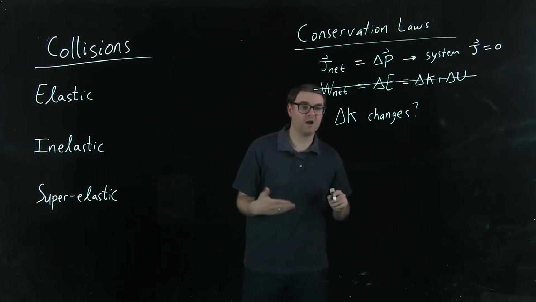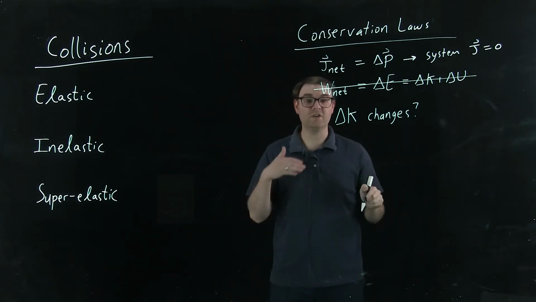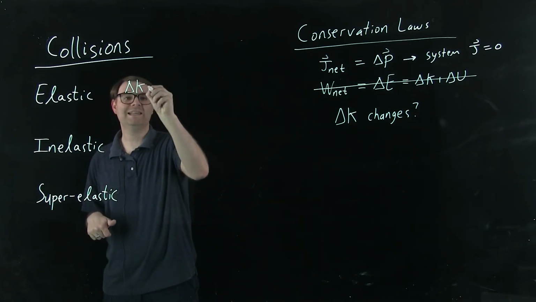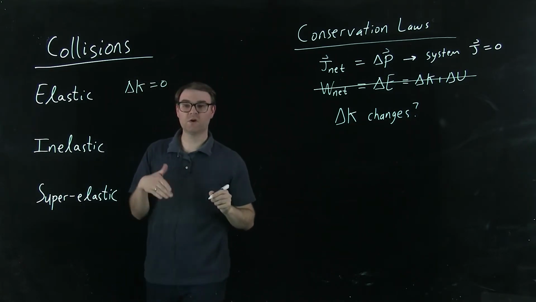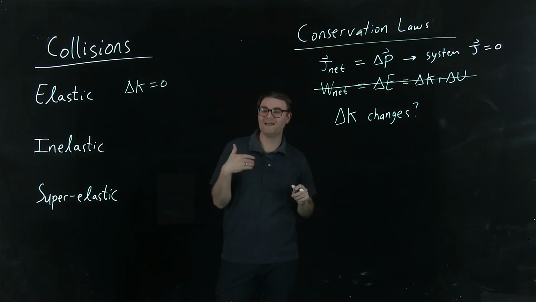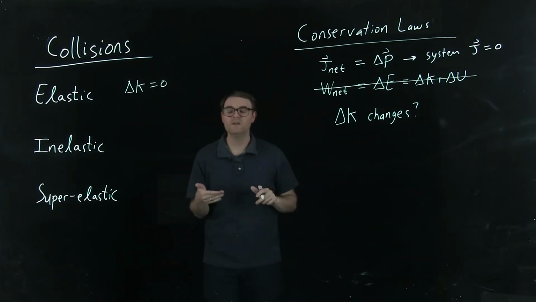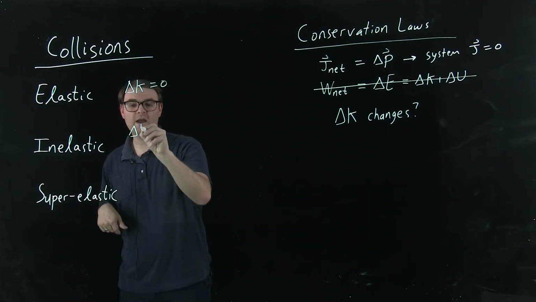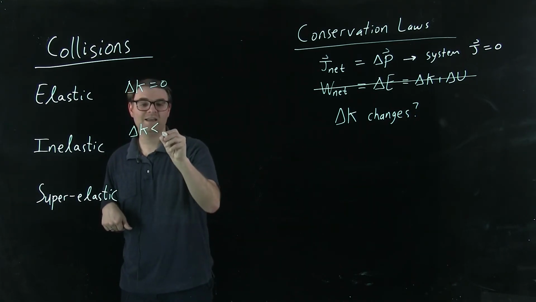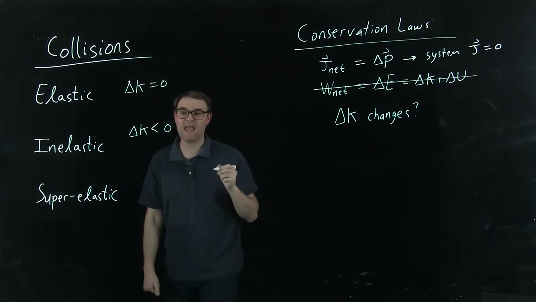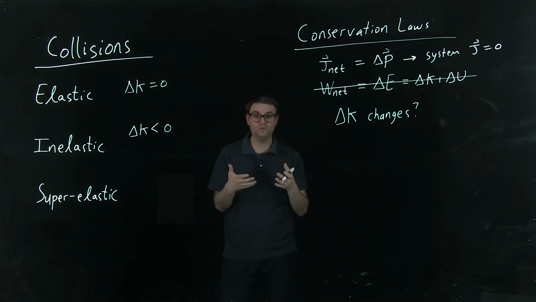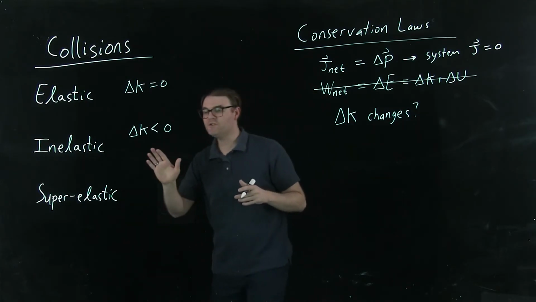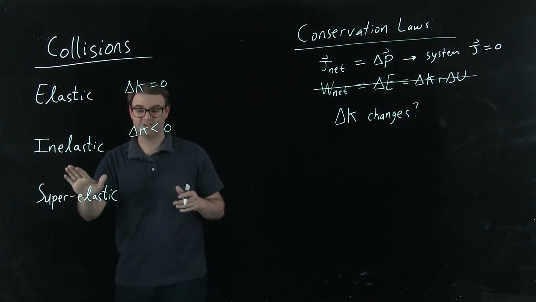The options are that the kinetic energy might not change, in which case you're dealing with an elastic collision. This is sort of the most straightforward, easiest to solve collisions. But you might be dealing with the situation where the change in kinetic energy is less than 0, is negative. Your system is losing kinetic energy to one of those other things that I mentioned. And then you're dealing with an inelastic collision.